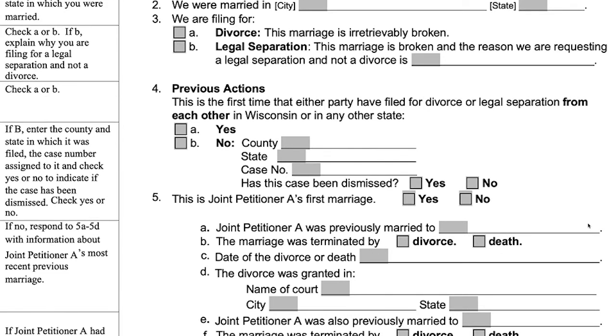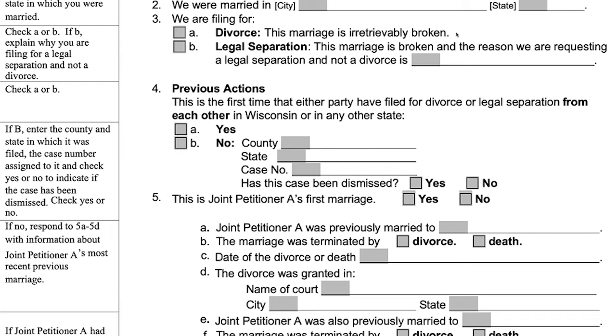Moving on to question 3. We discussed this a little earlier in the video, but the court wants to know if you're asking for a divorce or if you're asking for a legal separation. Now, Wisconsin is a no-fault divorce state, and that means that there really is only one way to handle why you're getting divorced.